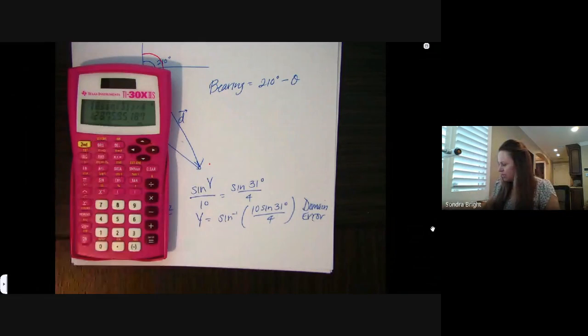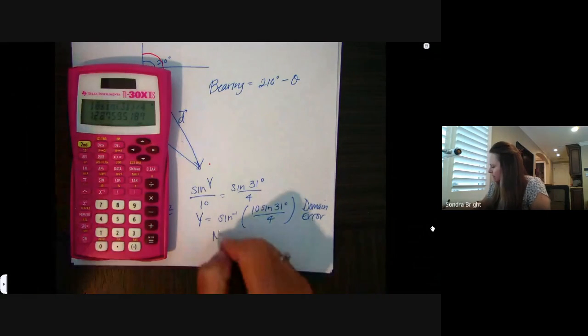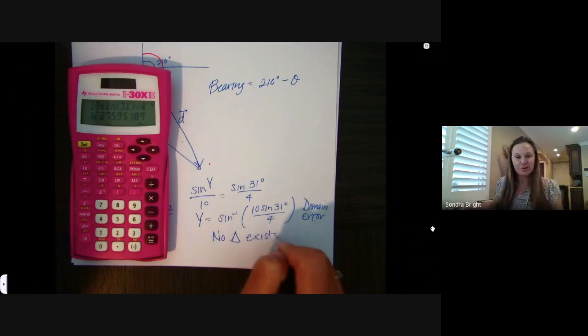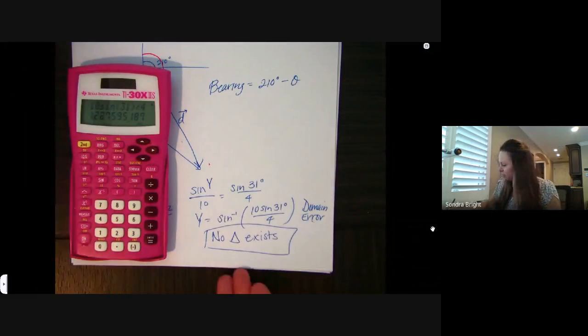So that's the reason why you get a domain error. What does that mean? No triangle exists with that given information. So that's when I say, oh, there's no triangle, right? I didn't know until I got this domain error. And so for Z equals what? There's no value for Z because there's no triangle.